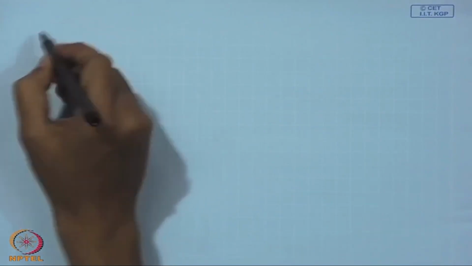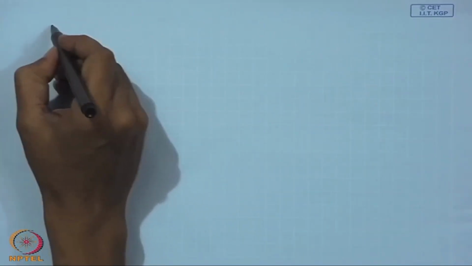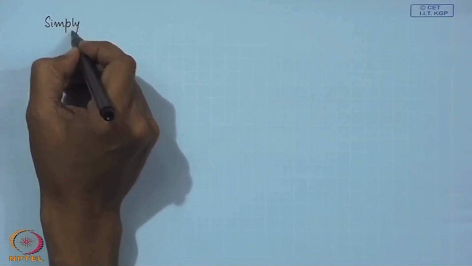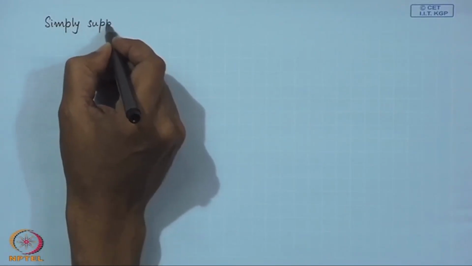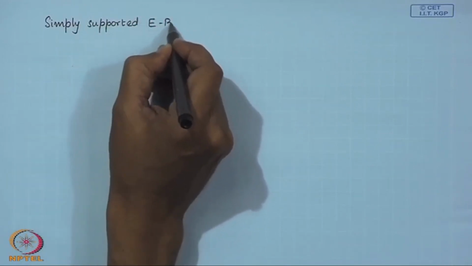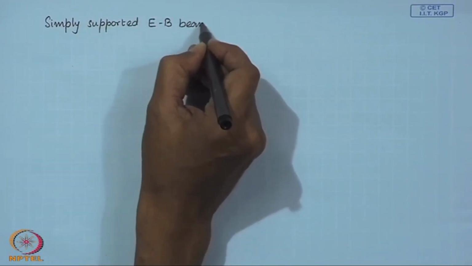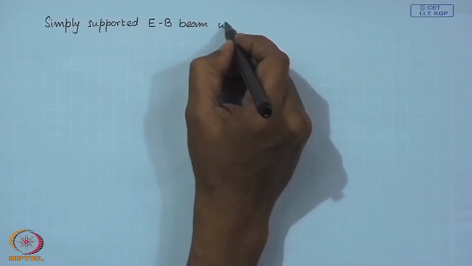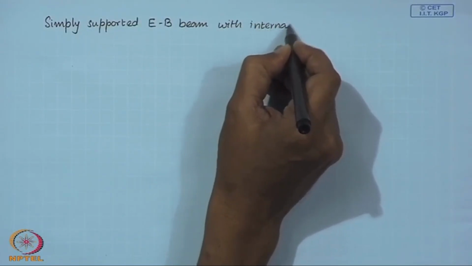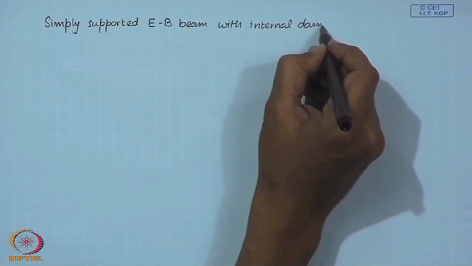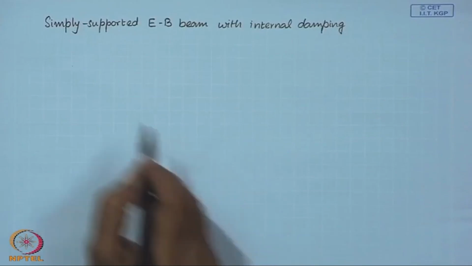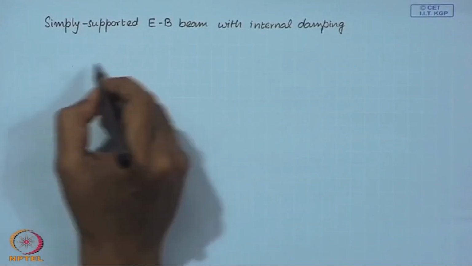Now, let us look at a simply supported Euler-Bernoulli beam with internal damping.